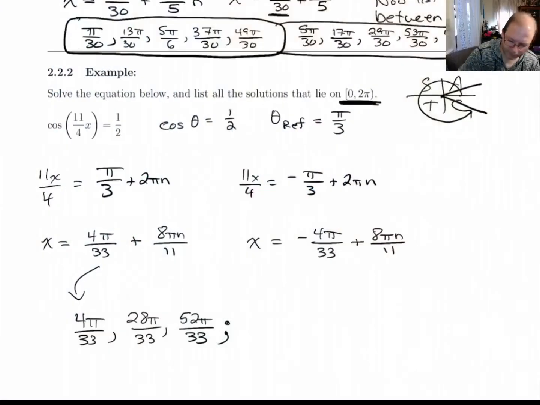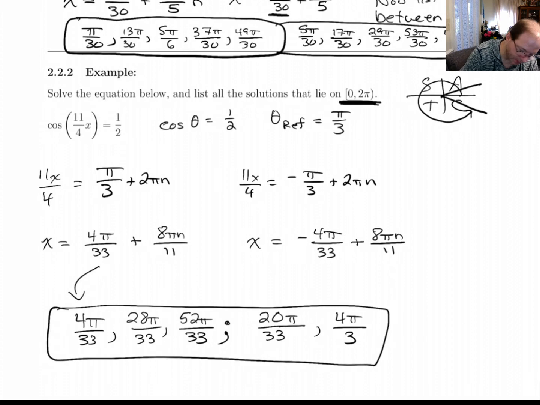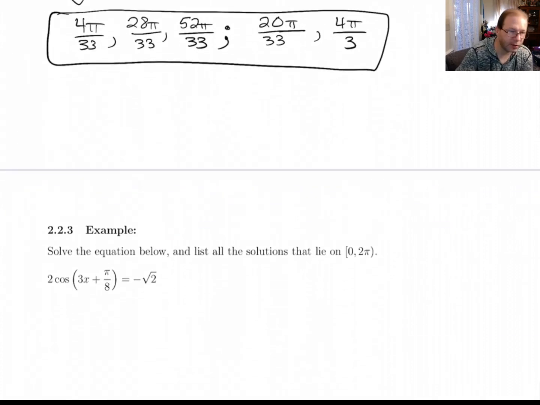We only get 2 of these solutions, it looks like. So 20 pi over 33 and 4 pi over 3. So interesting, we get 5 solutions here. Let's look at this on Desmos and see that that's actually what we get.